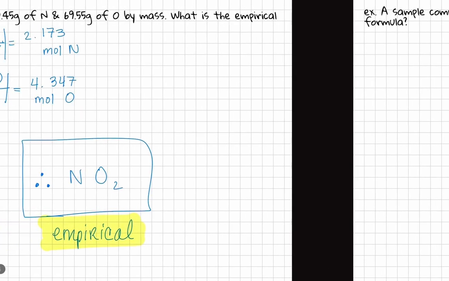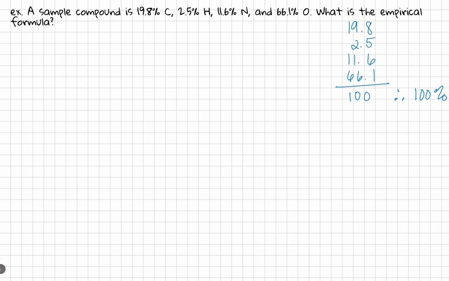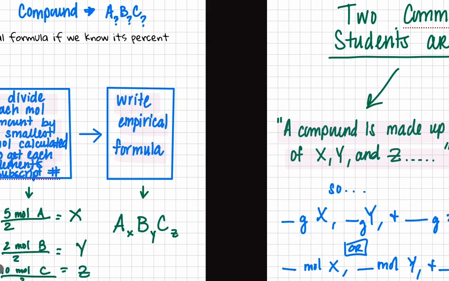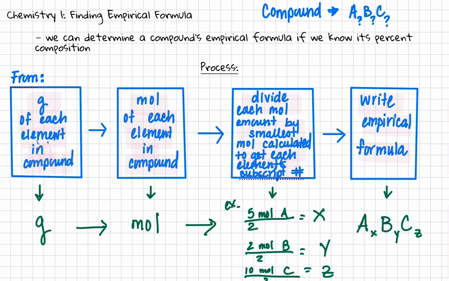We're going to have to make room. So 19.8 grams of carbon. I'm going to put carbon at the bottom, so it's 1 mole carbon, because again, when we start with grams, we go from grams to mole of each element in the compound.